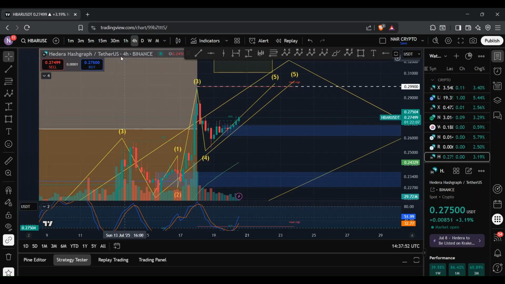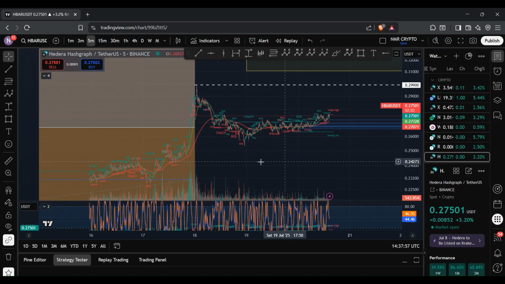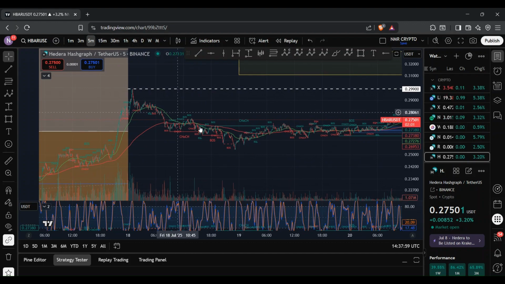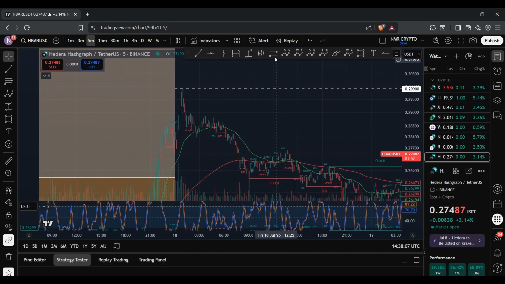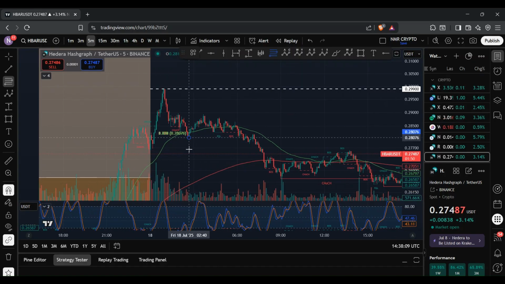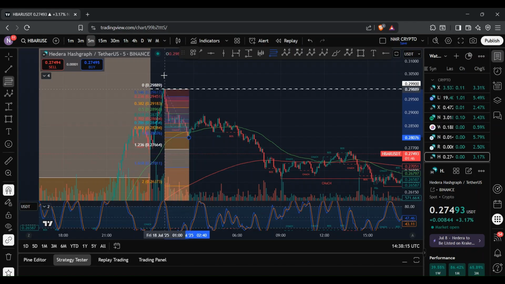So if I remove this and drop down to the 5-minute chart, straight away I can see that what we are forming within this corrective move to the downside is a WXY structure. If I just double check to see if that's the case, I'll bring in the fib tool, and the local top sits at 28.942 cents.